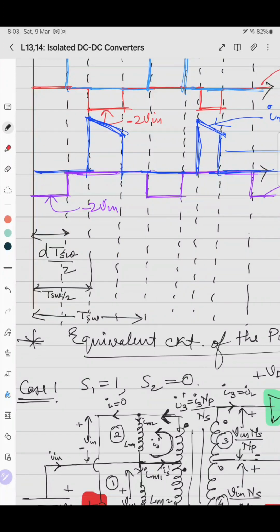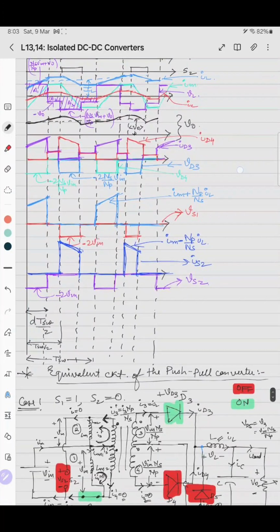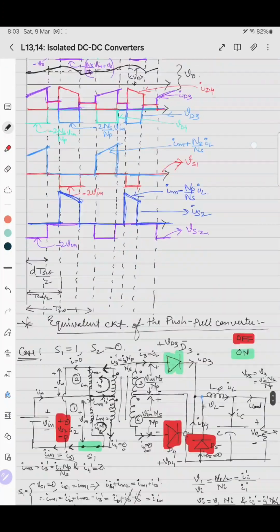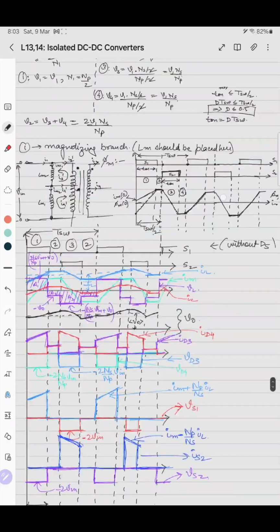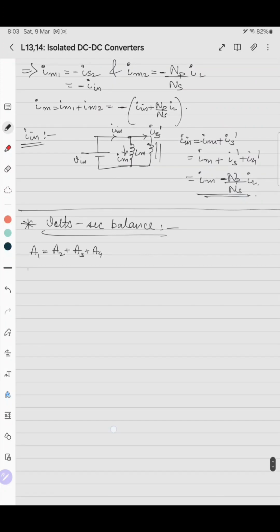So if you want to write A1, it is D into T switching by 2 into, first we'll write the value of this, Ns by Np V in plus V naught, into D into T switching by 2.